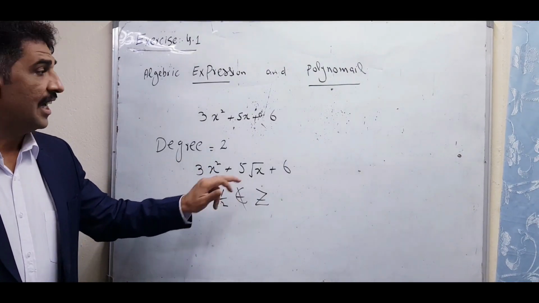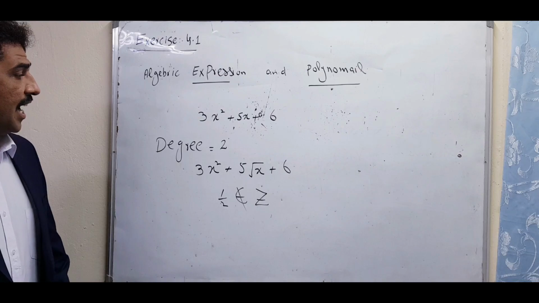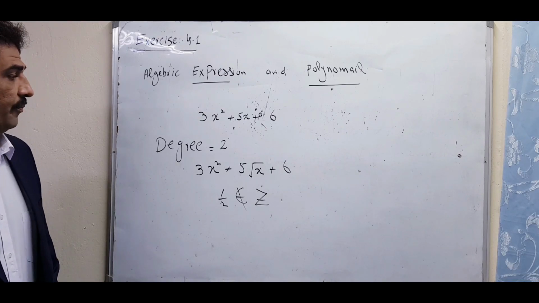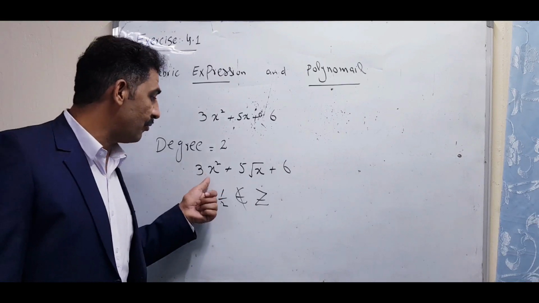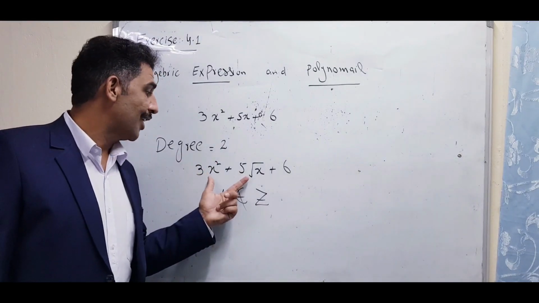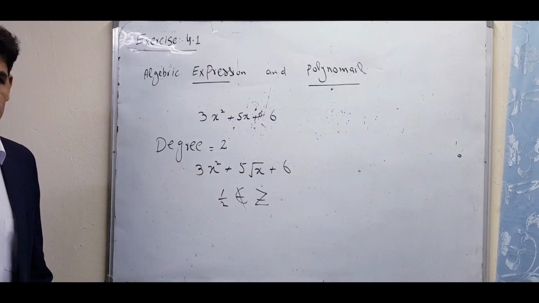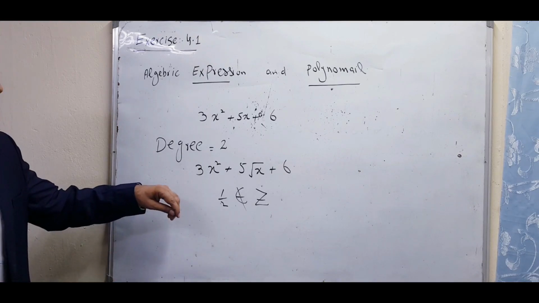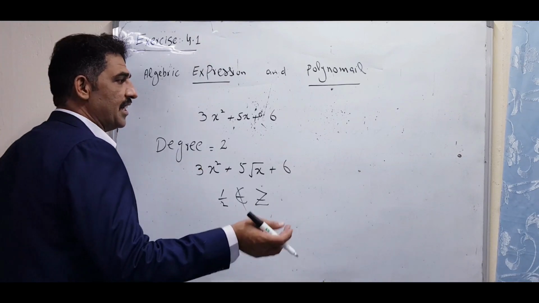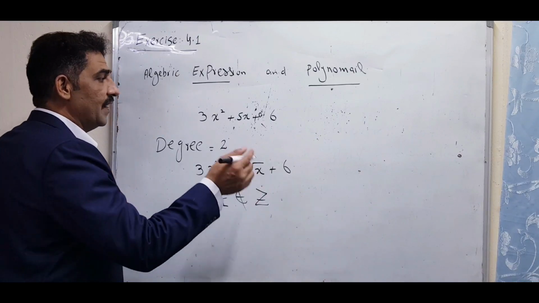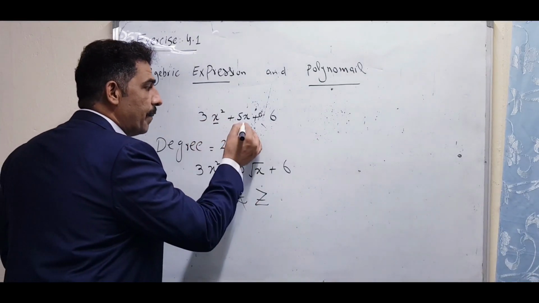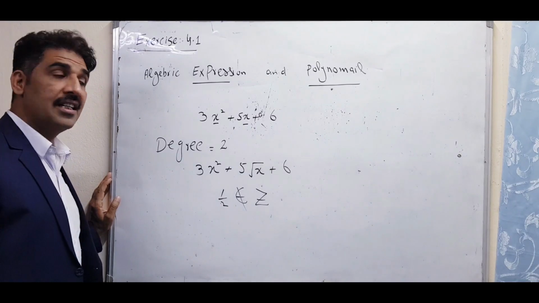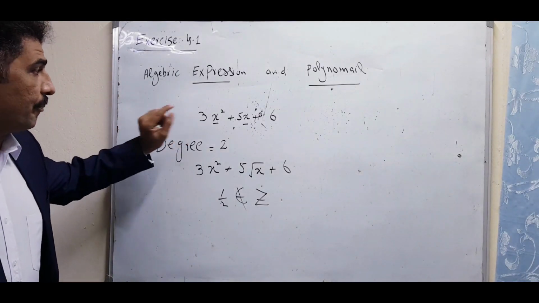What is an expression? An expression is a combination of variables and constants. Going further, a polynomial is one where the degree of each variable is a positive integer.